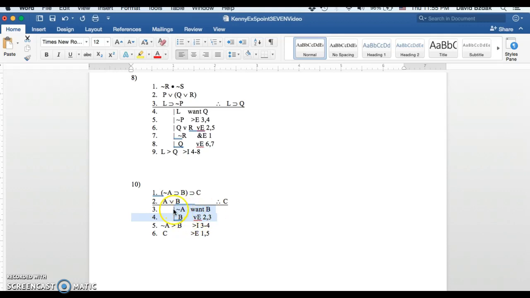So the whole reason we indented was to quarantine this stuff away from the other proof, because we don't know if it's true or not. So once it's quarantined, it has to stay quarantined. Once you stop or close this subderivation, it's done. You cannot use it down here. You cannot refer to any steps in the subderivation after the subderivation is closed.